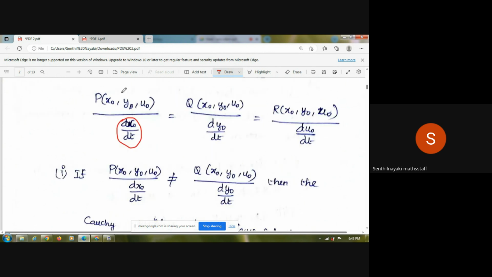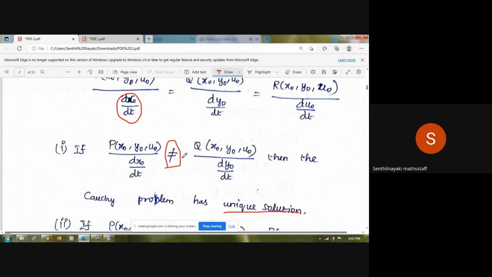If the first two ratios are not equal, then the Cauchy problem has a unique solution.